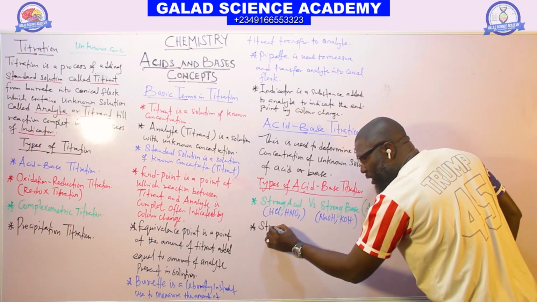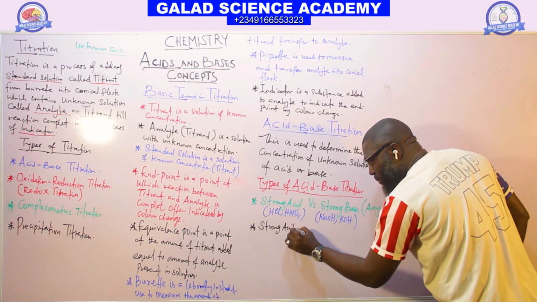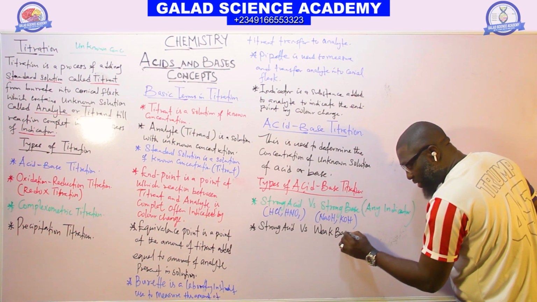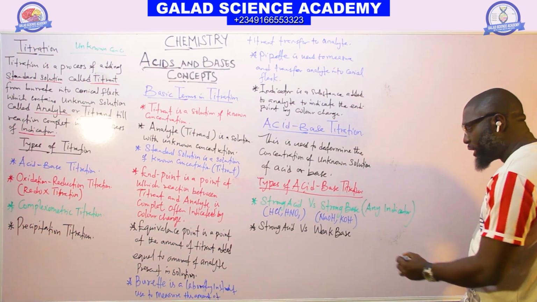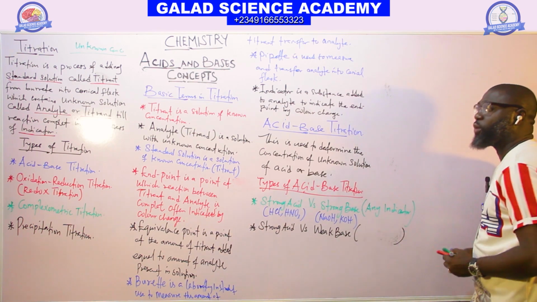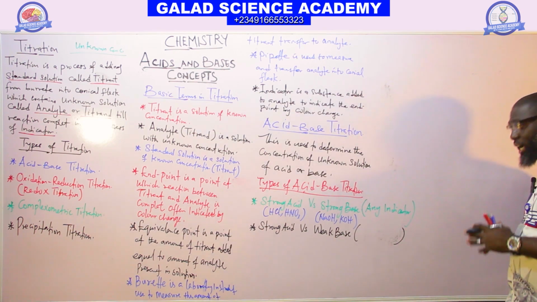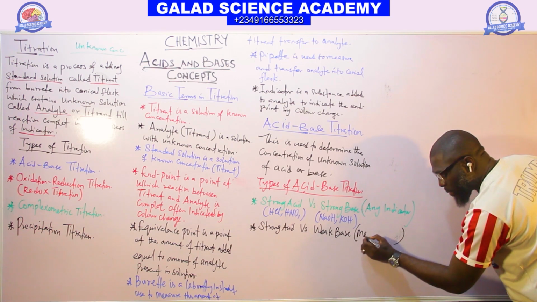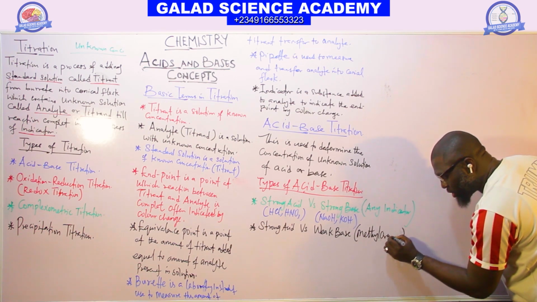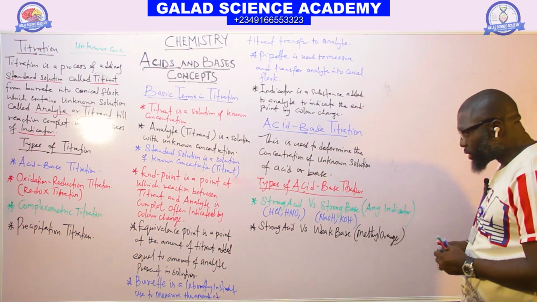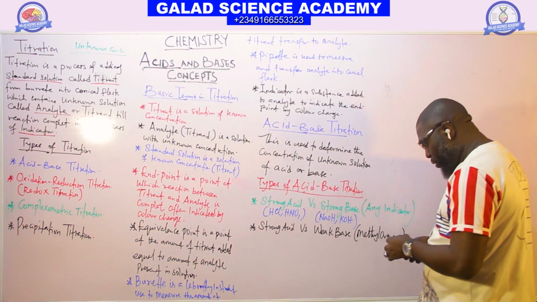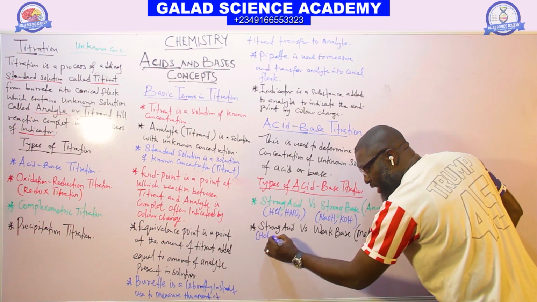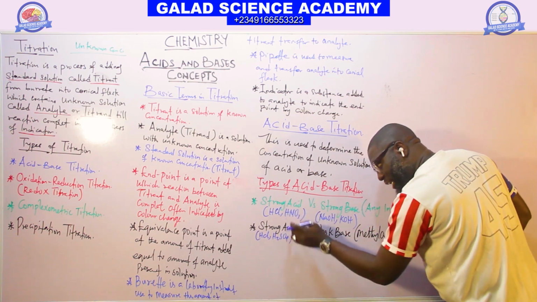The second example is the titration of strong acid versus weak base. We can have the titration of this kind too. For this kind of titration, we can use methyl orange indicator. Examples of strong acid are HCl, H2SO4 or HNO3.